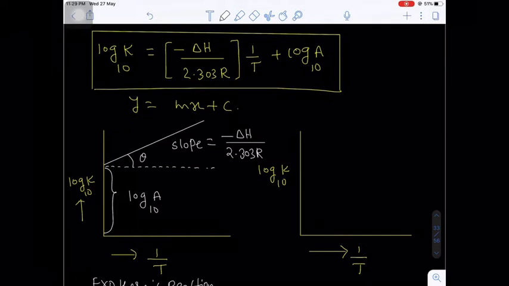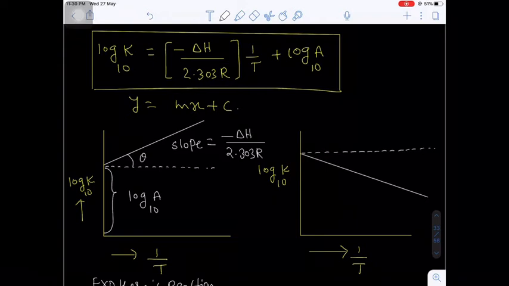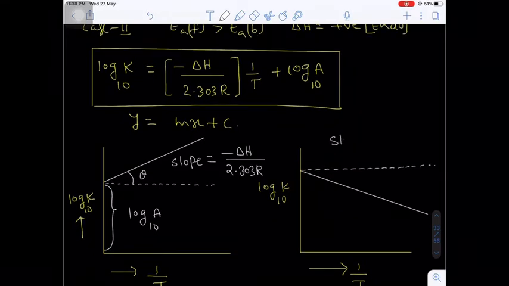Now come to the second reaction. Let's suppose an endothermic reaction. In an endothermic reaction, delta H is positive, positive into negative, negative. That means you have a straight line with negative slope. Okay.